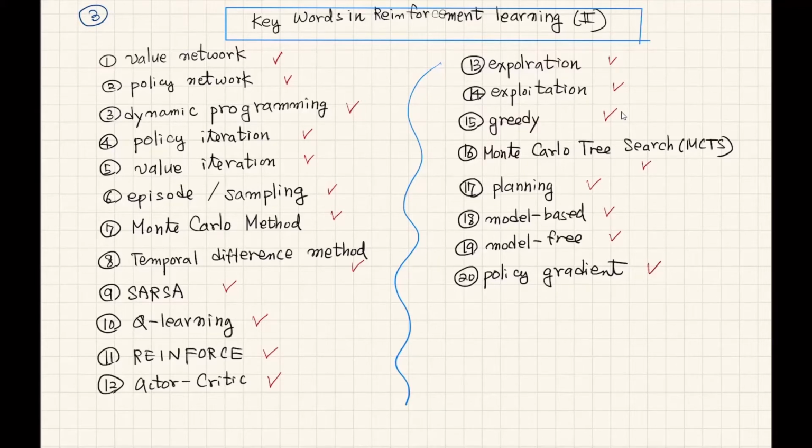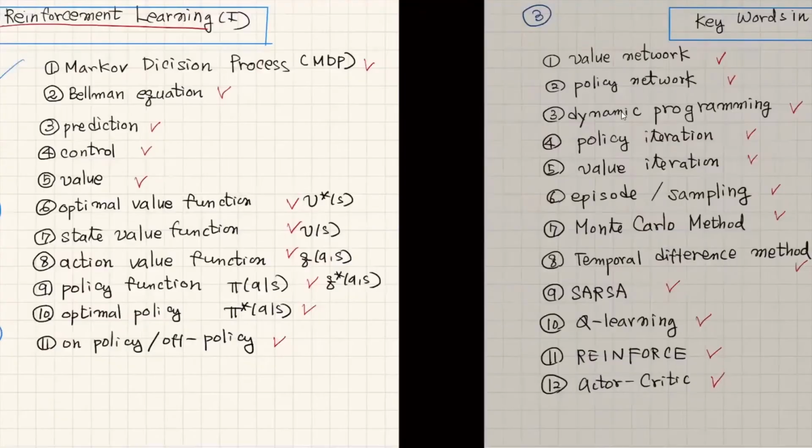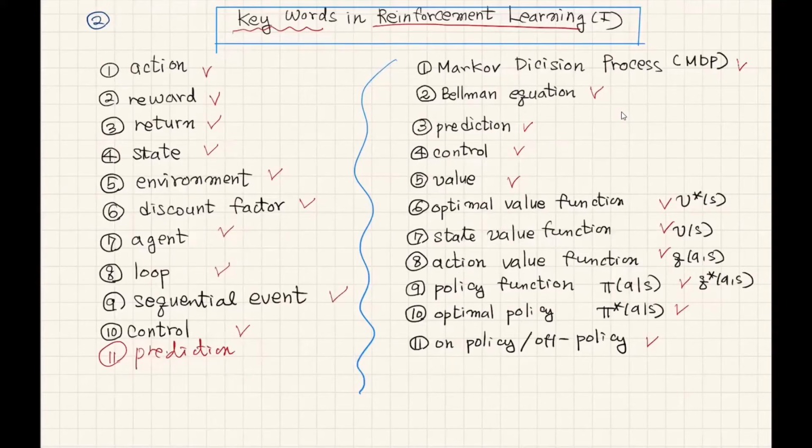Probably in 3 weeks I'm going to complete the whole class this semester. At that point, I will come back again to talk about these new keywords in reinforcement learning. And those are my class targets.